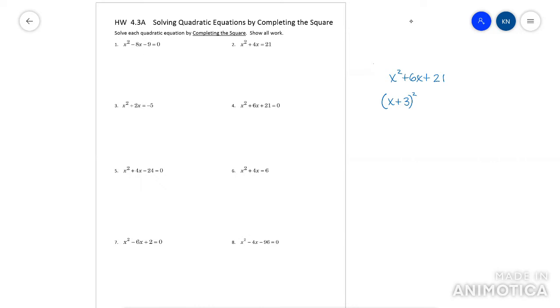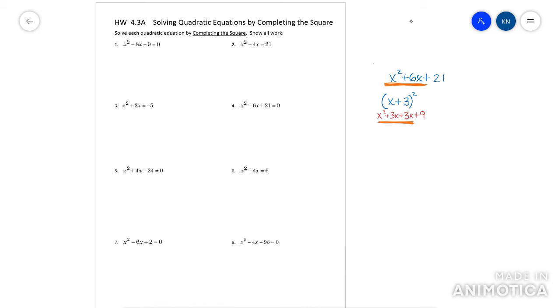Now, I need you to think about something real quick. If you FOIL this x plus 3 squared out, it would be x squared plus 3x plus 3x plus 9. This x squared plus 3x plus 3x is this right here.